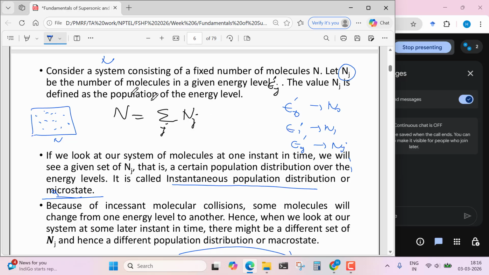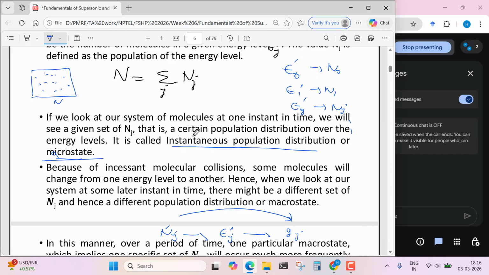Now, these molecules are colliding with each other, so there will be energy exchange between them. Due to the exchange of energy, the Nj population will change. So we'll get a different set of Nj, and this different set of Nj is called a different population distribution or macro state.